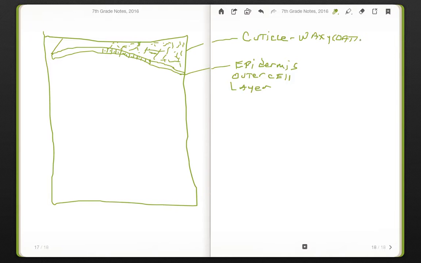And the function of that waxy coating is to prevent water loss, is the main job of that. You can imagine that in warm climates, where it's really hot, that waxy coating is going to be thick.